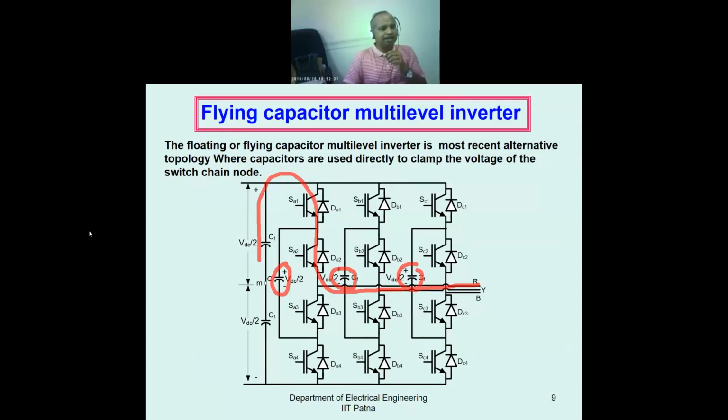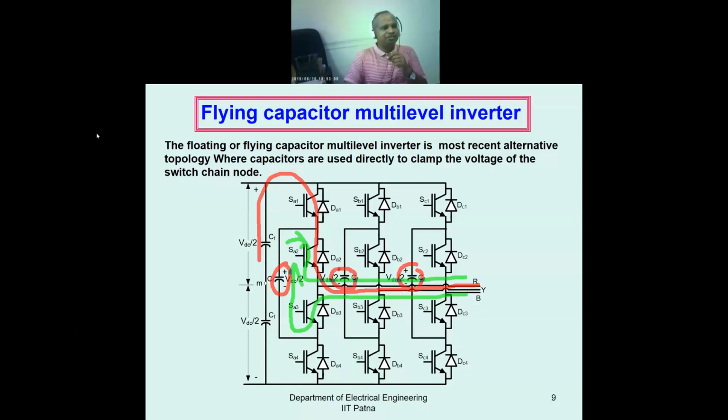And when S1 is off, what happens if you have a positive current? Then the current will flow like this. And if you have a negative current, this will charge this capacitor through S2, and this will discharge your capacitor. So this is what you are discharging, and this is what you are charging.